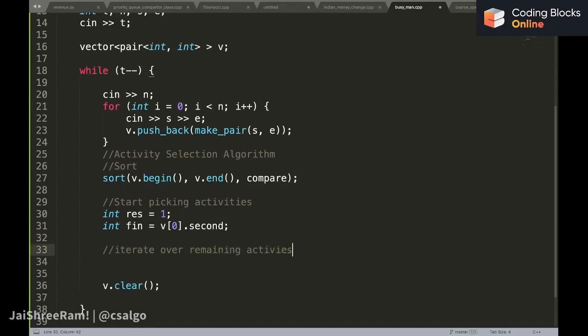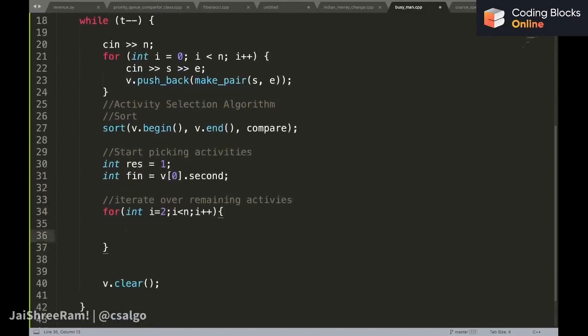So for int i equals 2, i less than n, i plus plus, if the starting time of the next activity, that is v of i dot first, is greater than or equal to the finishing time of the last activity, then I can do that activity.